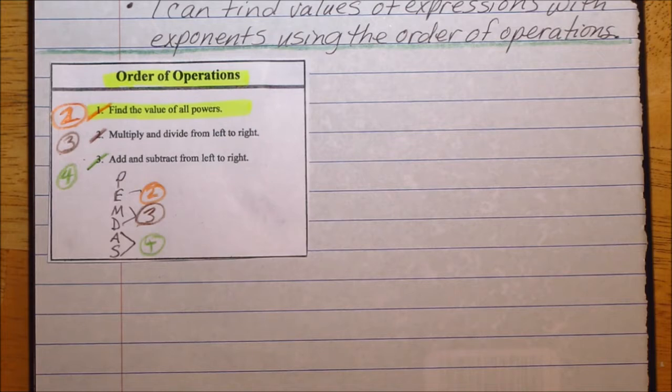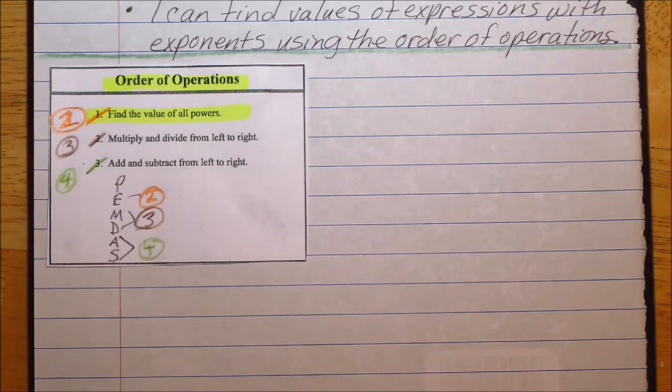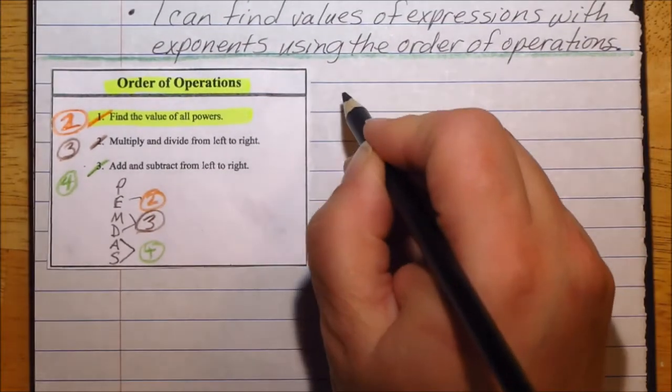Okay, so we're just going to do 2 examples because it really is very simple. If you understood how to do the PEMDAS triangle one step at a time from lesson 1.1, and you're clear on how we find the value of powers of exponents, then this is going to be a cakewalk. All right.